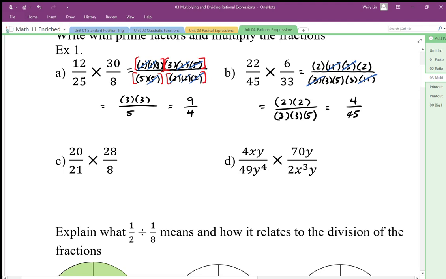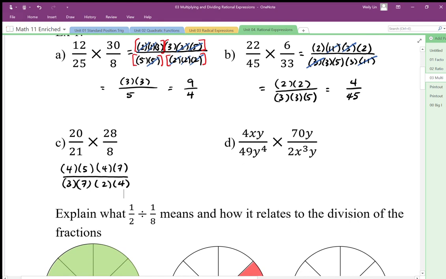Same thing here. We want to write this in terms of its common factors. So I'm going to write this as 4 times 5 because I can see there's a factor of 4 here. This is 4 times 7. Here's a 3 times 7. And this is a 2 times 4. I probably should have factored one of these 4's into 2 times 2, but that's okay.